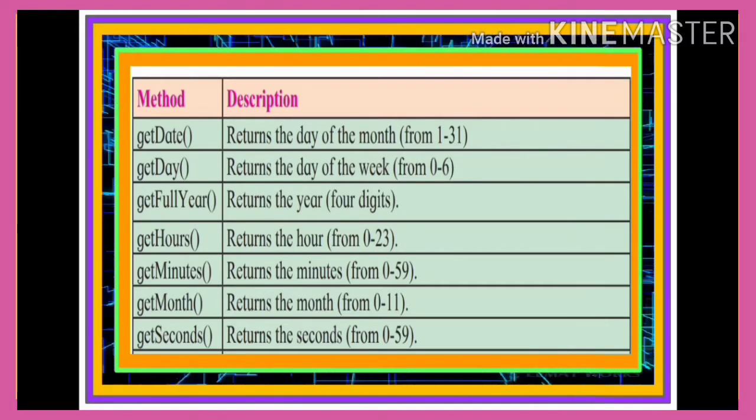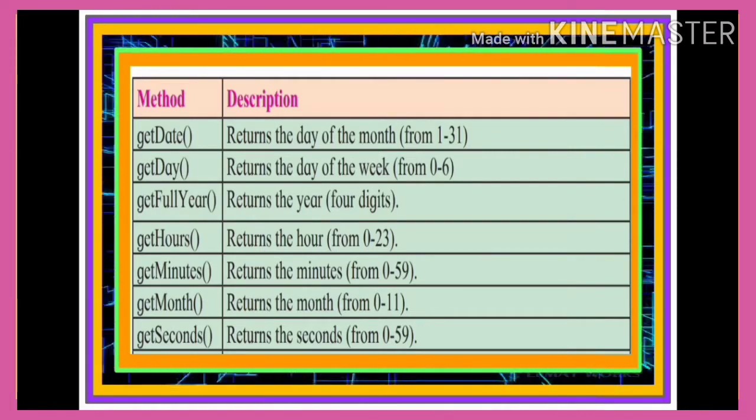Next method is getHours, returns the hours from 0 to 23. Next method is getMinutes, returns the minutes from 0 to 59. Next is getMonth, returns the months from 0 to 11.